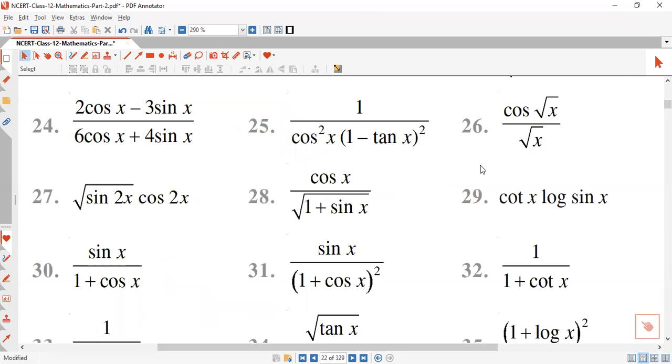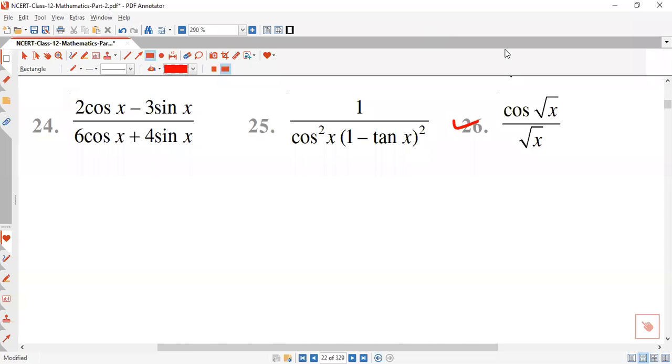Question number 26. Now we want to do question number 26. How do we solve this question? Let's see. Put root x equal to t. So what comes out?